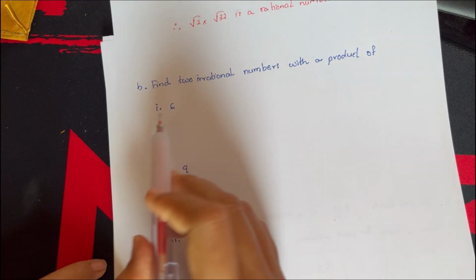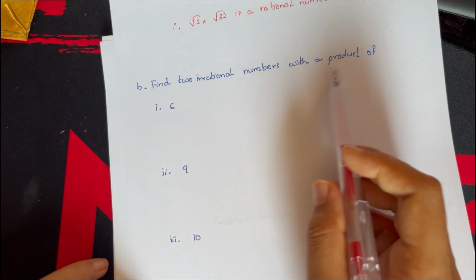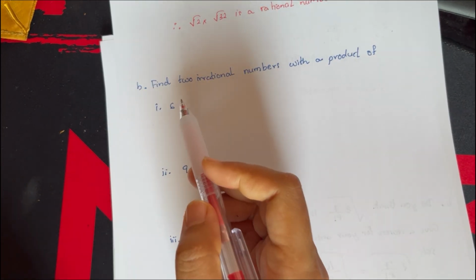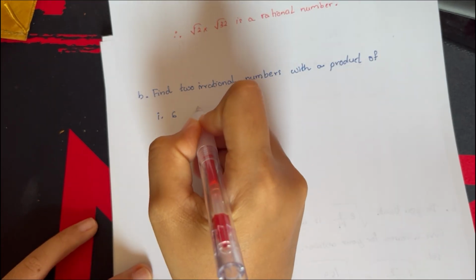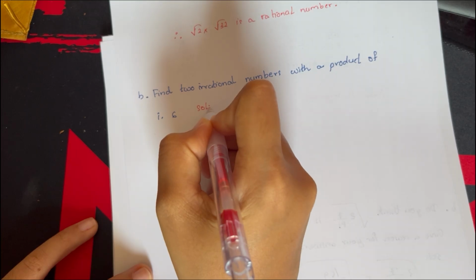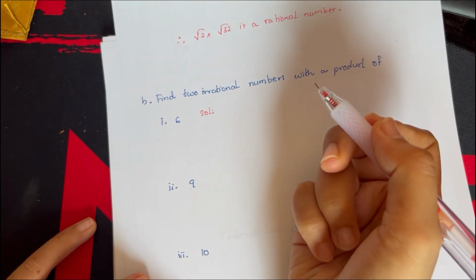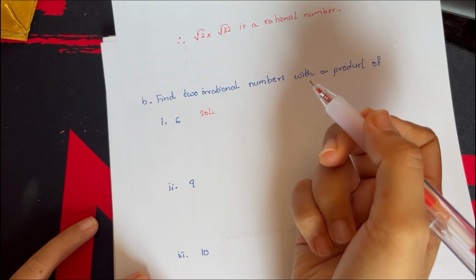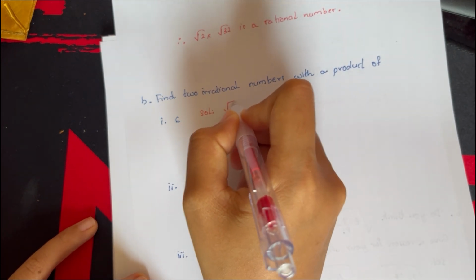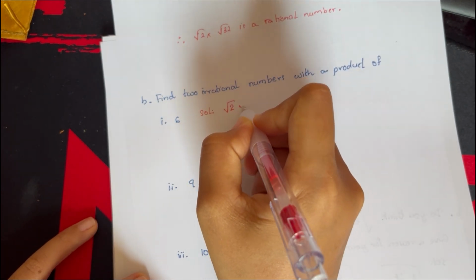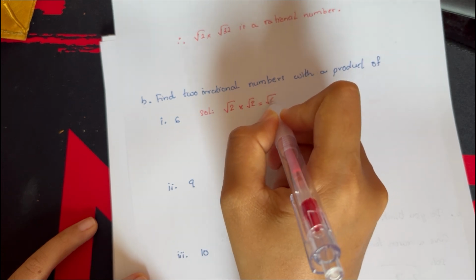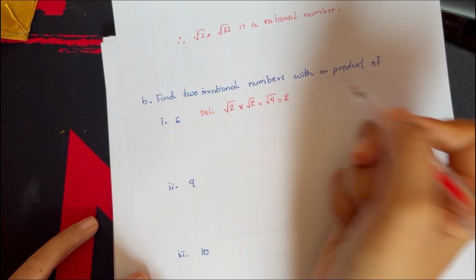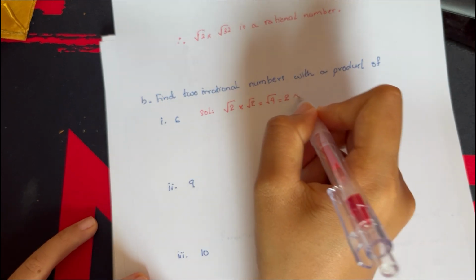Question B. Find two irrational numbers with a product of 6. So we have to find that. Solution: to get 6, let's think about root 2. Root 2 multiplied by root 2 equals root 4, that equals 2. So that's not the answer.